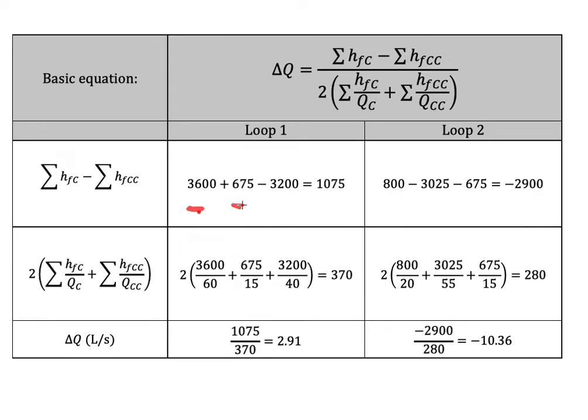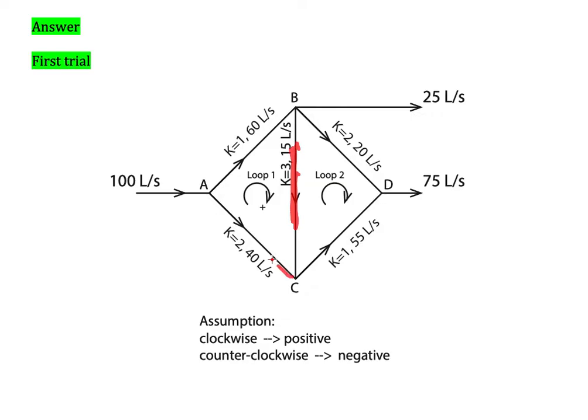So we add 675, and then we have this flow. For this flow, we found that the direction of this one is reverse. It's not parallel, it's not the same direction as the looping here.